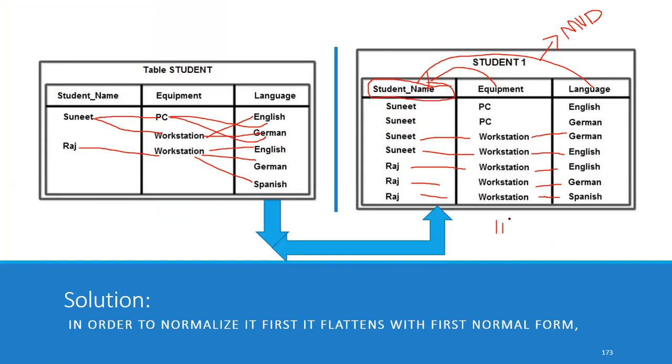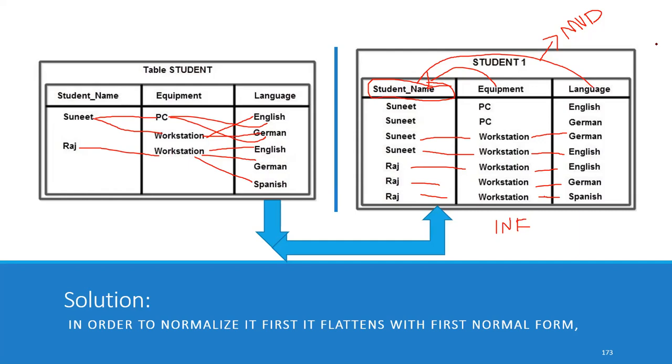And what is the second one? Second normal form is about functional dependencies. So here, student name, equipment: equipment depends upon student name, and language depends only on student name. Here student name is the main key. We are deriving these two from the student name. So that is already in second normal form.